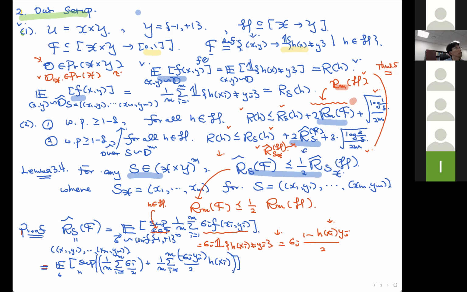Now you see this first term has nothing to do with h, so it can be taken out from the supremum. Also sigma_i has half and half probability of being +1 and -1. So the expectation of what I just highlighted in this part is going to be 0. What this means is that only the second term survives.